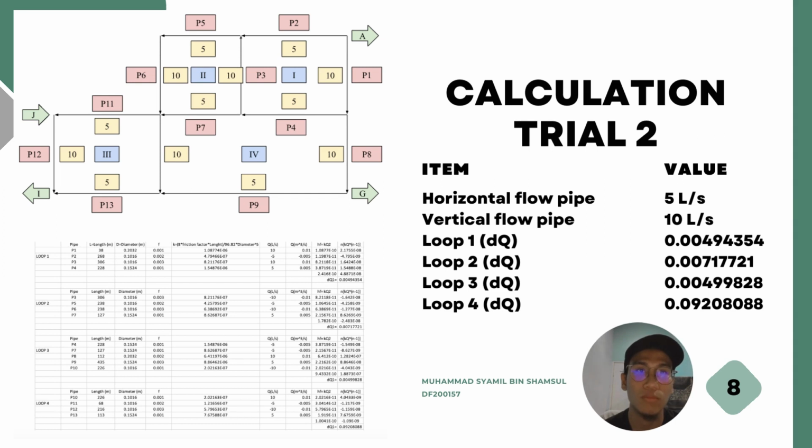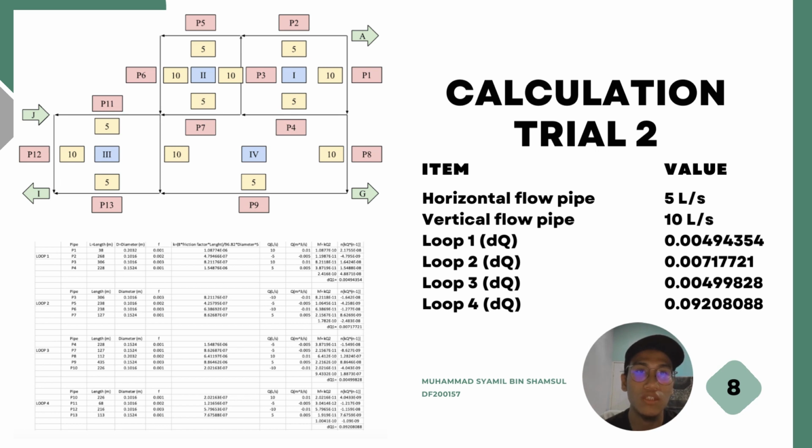I will continue about the calculation for trial 2. For the horizontal flow pipe, the value is 5 liters per second. For the vertical flow pipe, the value is 10 liters per second. So we get loop 1, the value of dq is 0.004494354. For loop 2, the value of dq is 0.00717721.